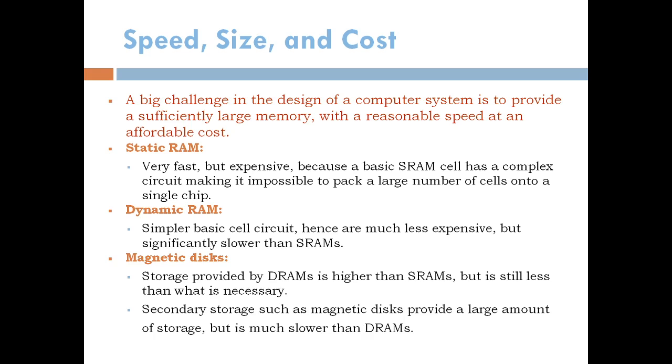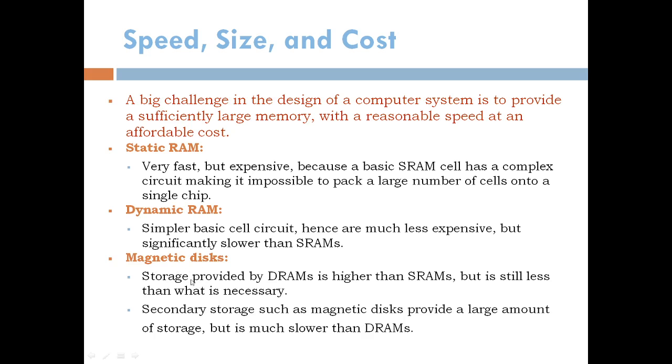The alternative is to use a dynamic RAM chip, which has a much simpler circuit, hence is much less expensive but significantly slower than SRAM. So it is less expensive, but the memory speed is less than static RAM.